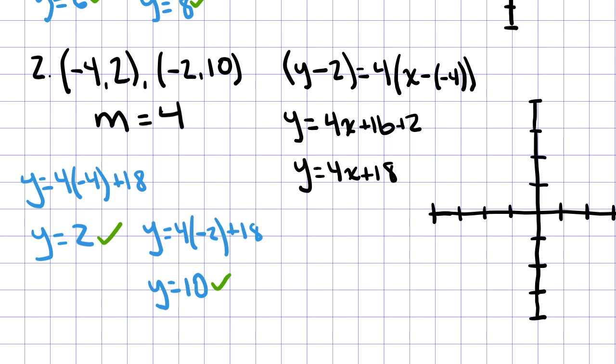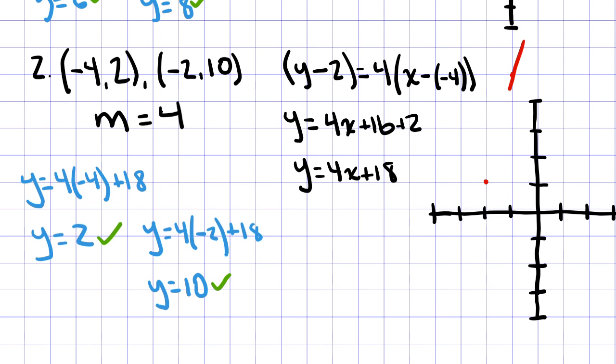Plotting these points, we have negative 4, 2, so we're going to go 4 along the x-axis and up 2 on the y. And negative 2, 10, so we'll go negative 2 on the x-axis and up 10, 2, 4, 6, 8, 10. It's going to be up here. And we're going to get something like this.